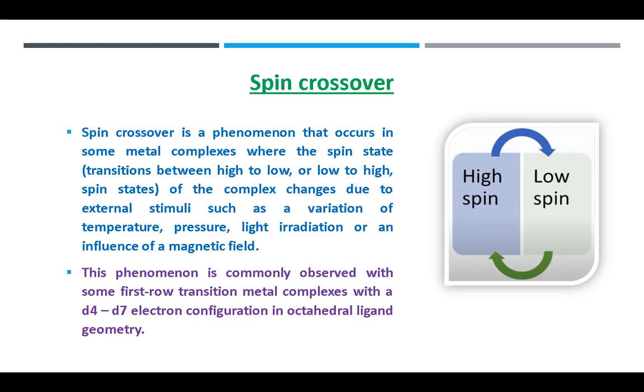Spin crossover refers to the transitions between high to low, or low to high, spin states. This phenomenon is commonly observed with some first-row transition metal complexes, with the d4 to d7 electron configuration in octahedral ligand geometry.